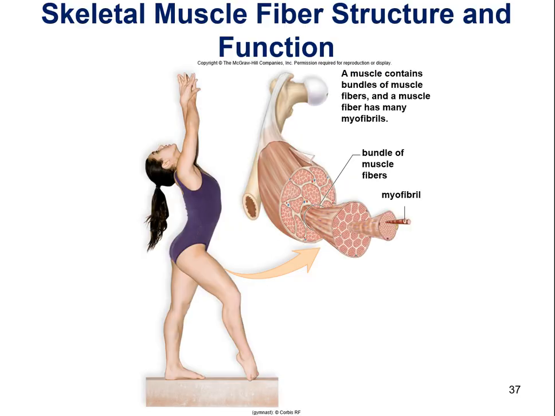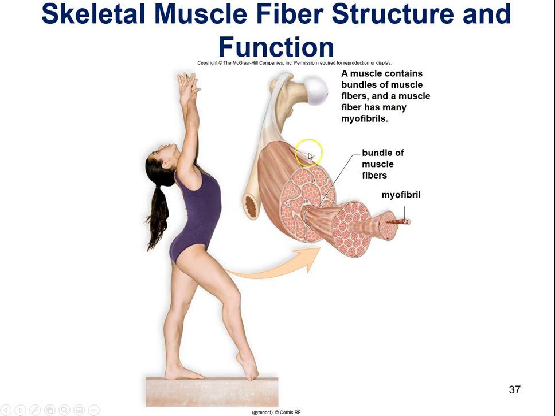All right, let's look at this with a series of diagrams. In terms of muscle fiber structure and function, let's start with the big picture. Here's a whole muscle. Think about your bicep. Within that muscle, a muscle contains bundles of muscle fibers, and one muscle fiber has many myofibrils.